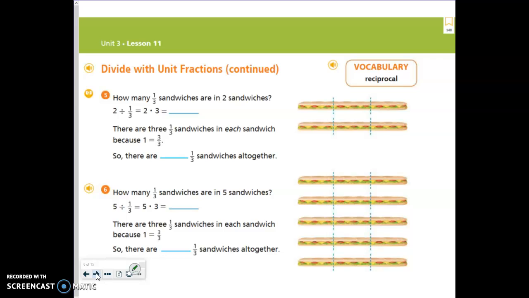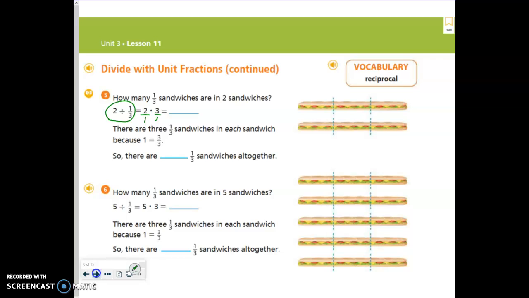And then how many are we going to have total? So this problem here, to divide by that fraction, means we are still going to multiply by the reciprocal. What is the opposite of 1/3? It is 3/1.